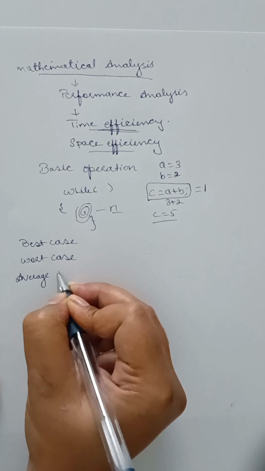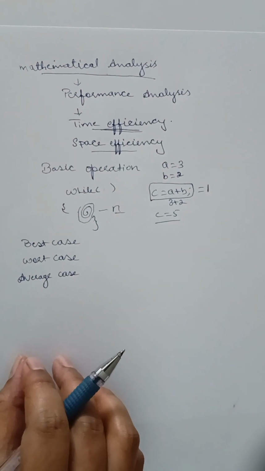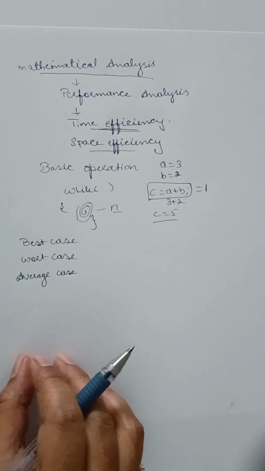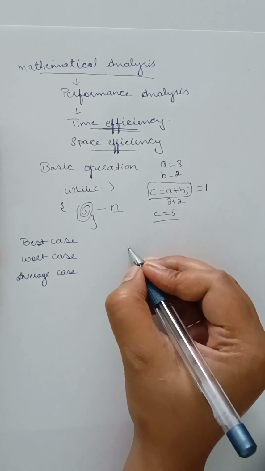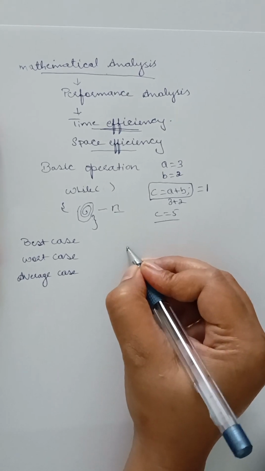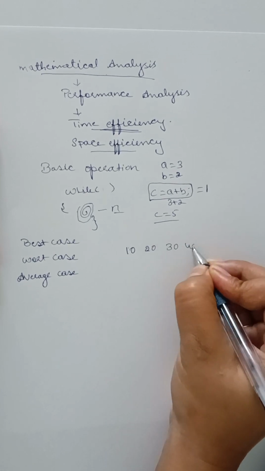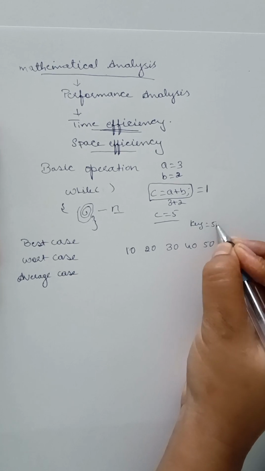With respect to this, we'll analyze the algorithm, whether it is in the best case, the worst case, or the average case. I'll tell you how to do that. For example, I'll take a searching algorithm. I have the numbers 10, 20, 30, 40, 50. I'll take a key element as 50 first.